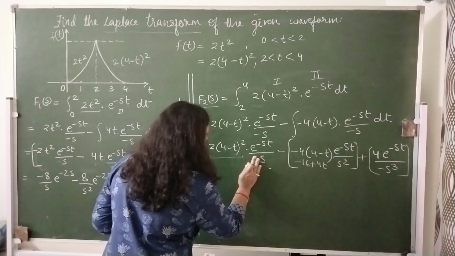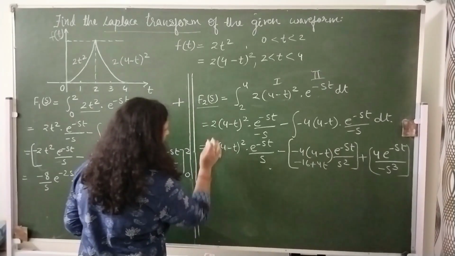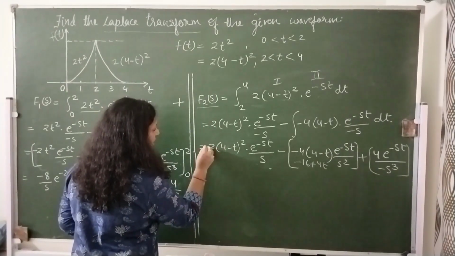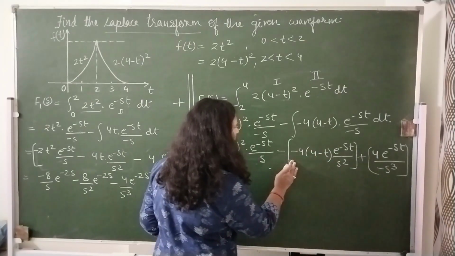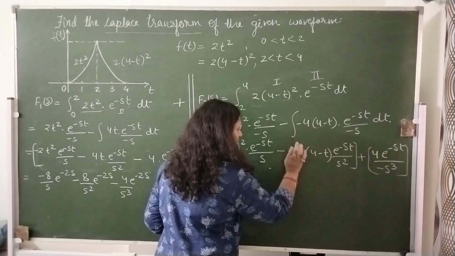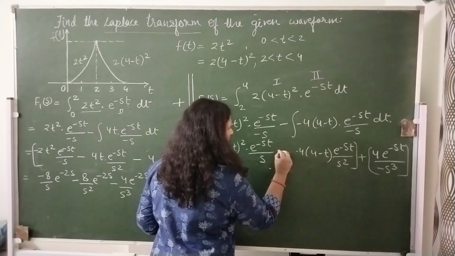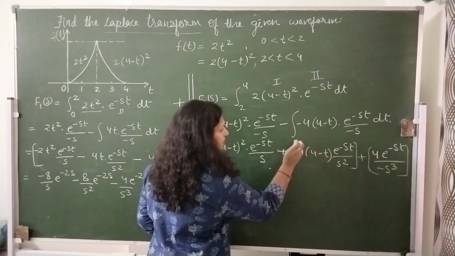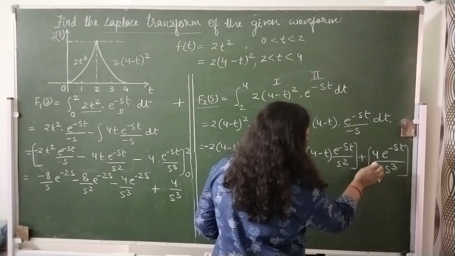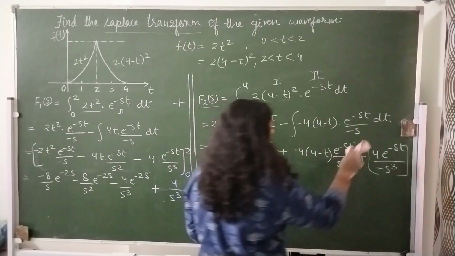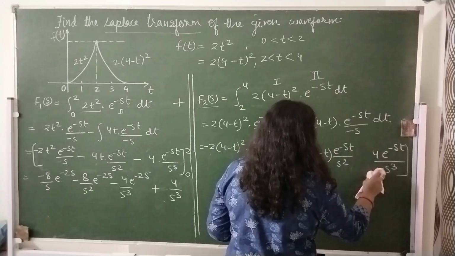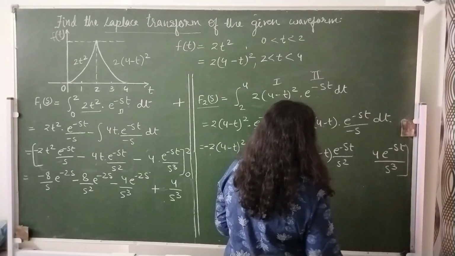Now for the sign, this term will become minus because of this minus s. This term will become again plus, and remove this bracket because of this inside minus. This term will become minus because of this minus s cube.